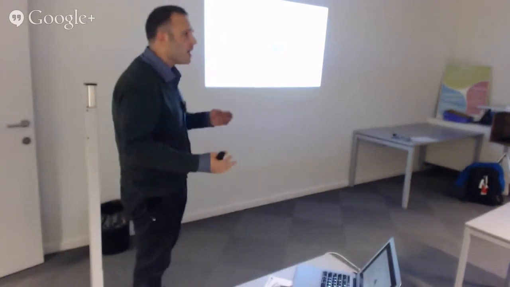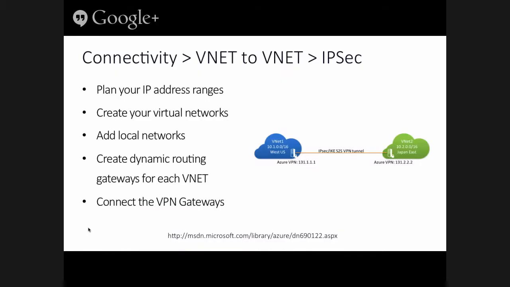So all of the different bits and pieces need to be in place. Once that's done, and there's a very nice how-to guide for that on MSDN that will show you step by step how to create that tunnel. It's built in, it's fine, it's there.